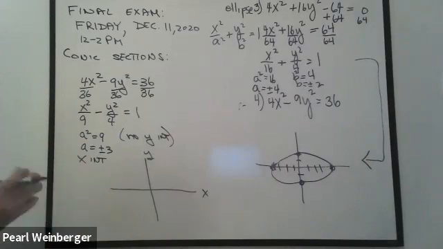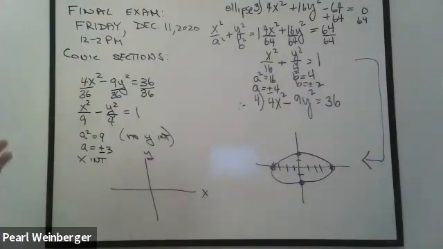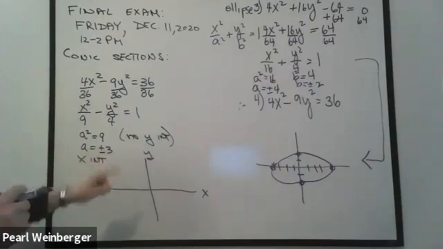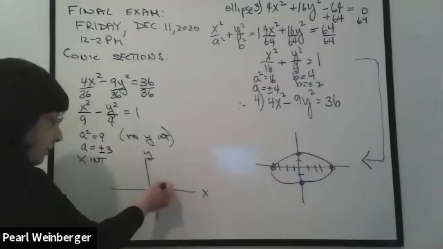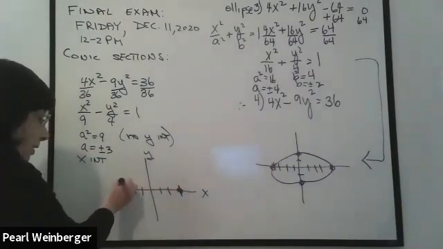The hyperbola has 2 branches that look like back-to-back U's. Sometimes the back-to-back U's are sideways, sometimes they're up and down. It depends on whether you have x-intercepts or y-intercepts. In this case, we have one x-intercept at 3 and one at -3.